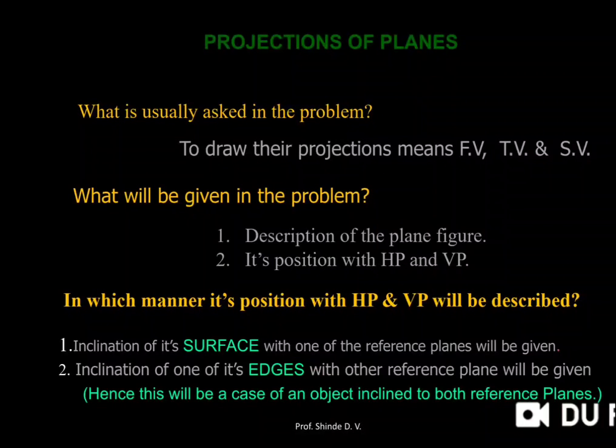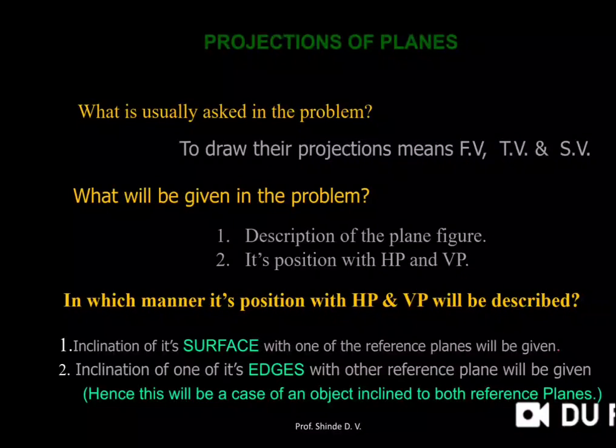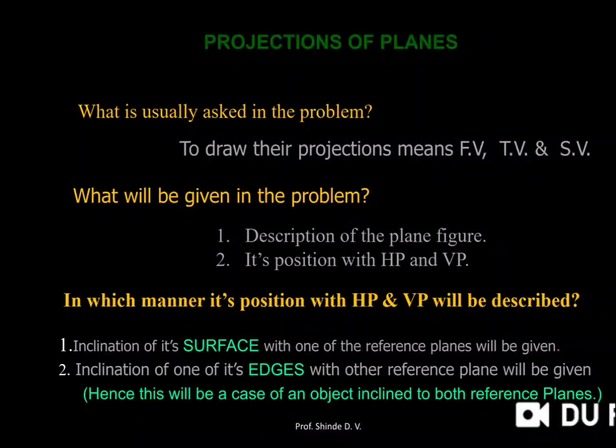The inclination of one of its edges with one reference plane will be given. Hence, this will be the case of an object inclined to both reference planes, but in our study, only the inclination of the surface with respect to one plane is considered in your syllabus.